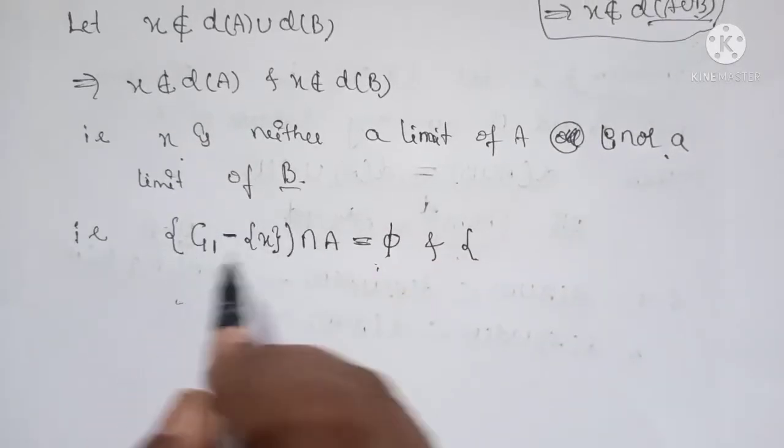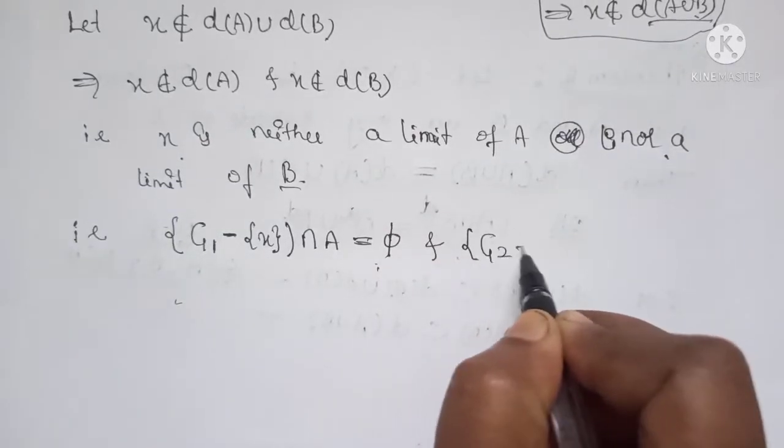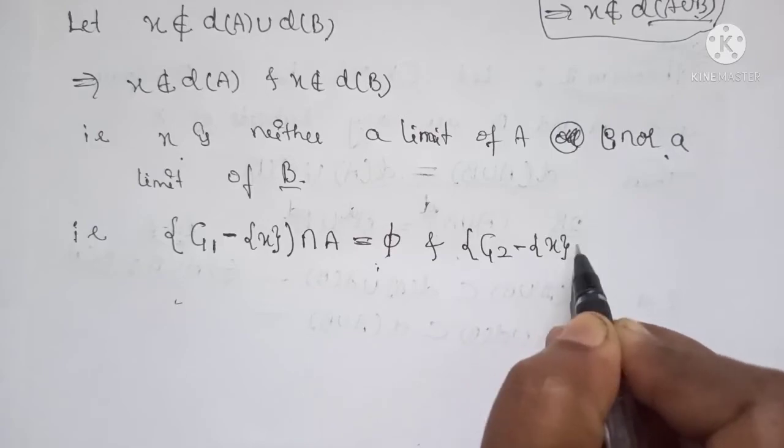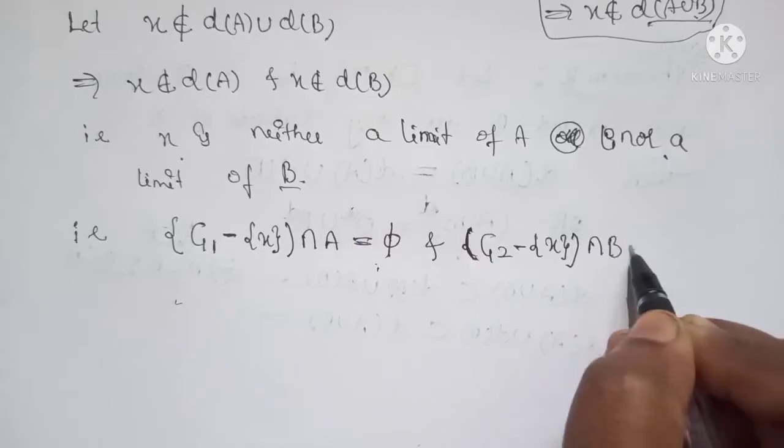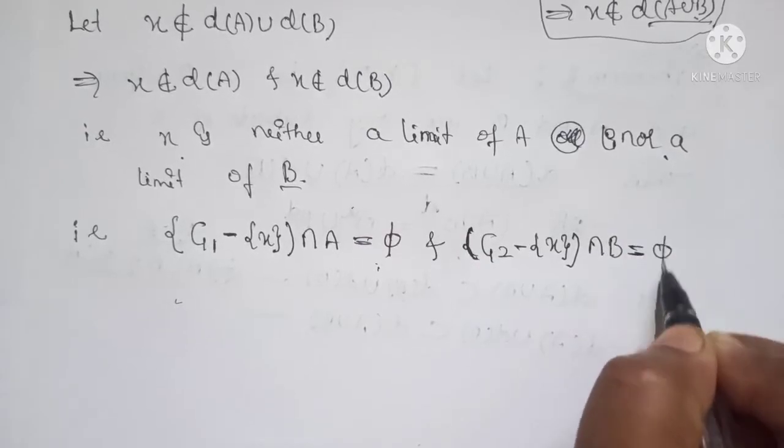Okay, so there exists another open set G2 minus this x intersection with B is equal to the null set.